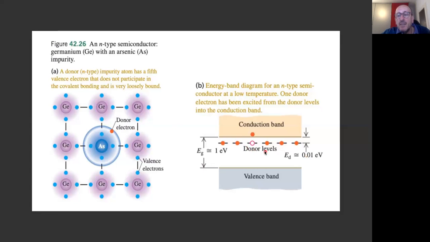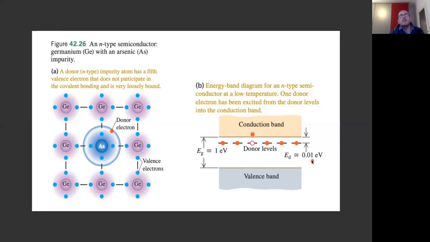And how excited is it? Well, it happens that when you put arsenic on germanium, the difference between the conduction band minimum and the position of the energy levels of the donors is of the order of 10 milli-electron volts. 10 milli-electron volts is pretty low, and the thermal excitation energy is of the order of 25 milli-electron volts.